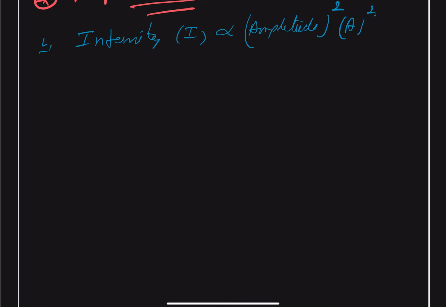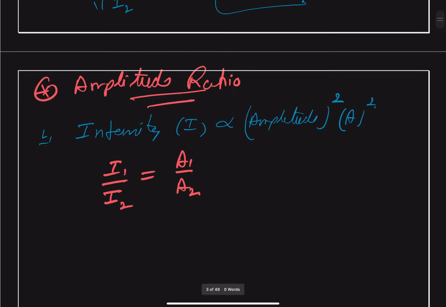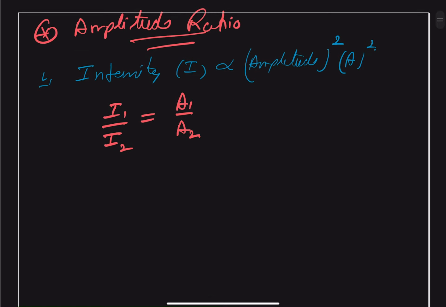Therefore I1 upon I2 is equal to A1 upon A2, the whole square.